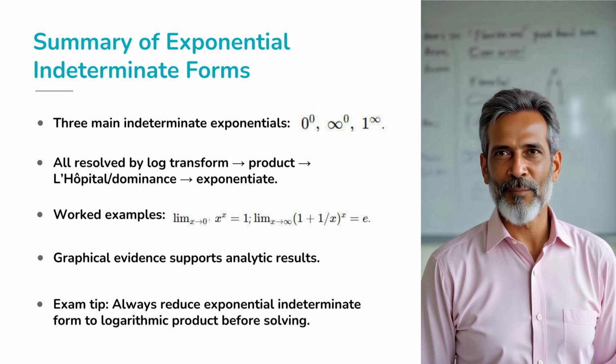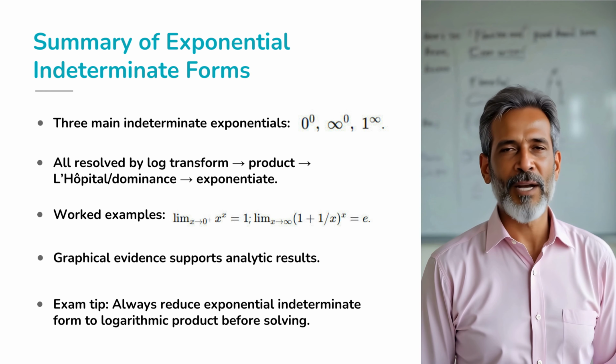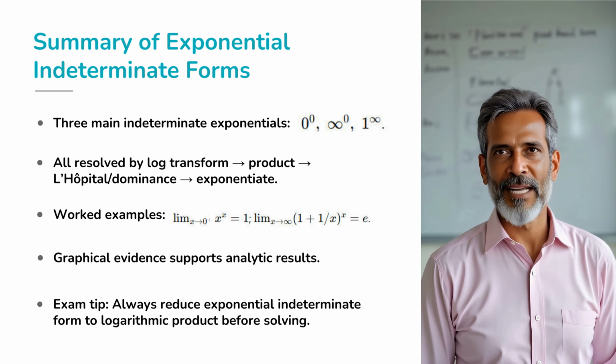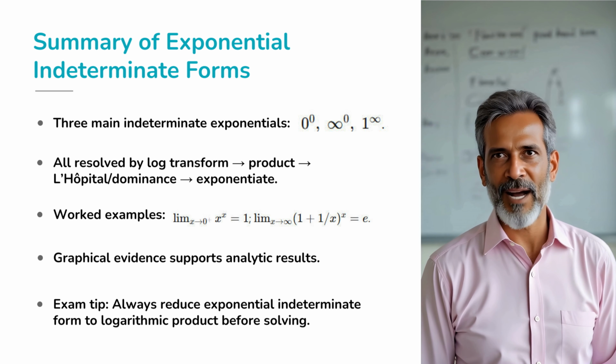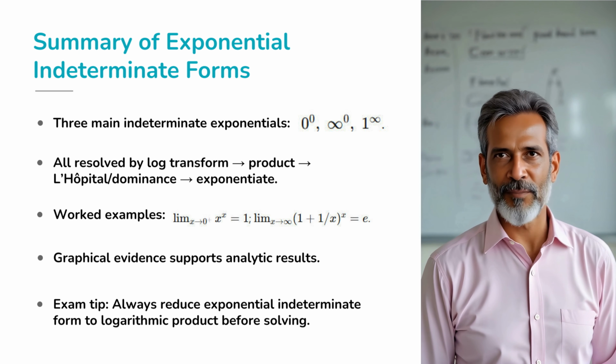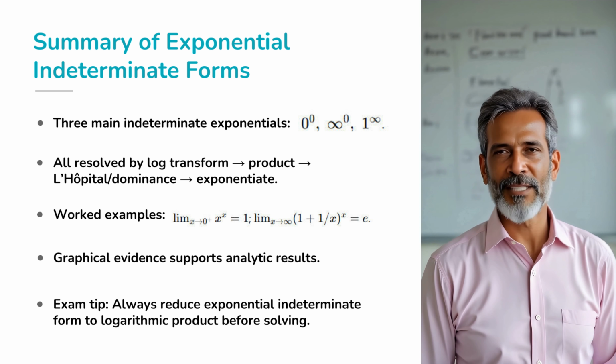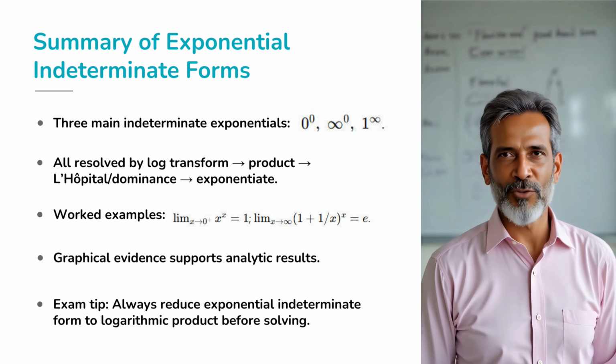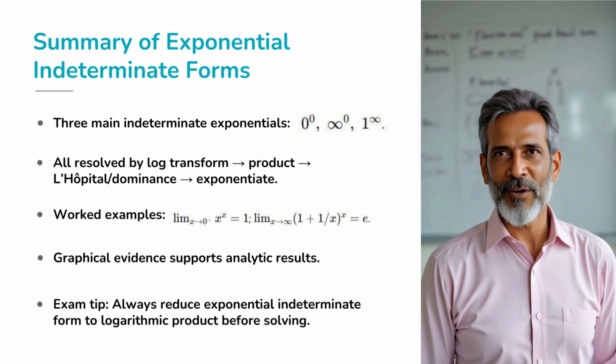So let's wrap up our journey through exponential indeterminate forms. We studied three main types: 0 to the 0, infinity to the 0, and 1 to the infinity. The universal trick is always the same: take logs, reduce it to a product, simplify using L'Hopital's rule or dominance methods, and then exponentiate back.